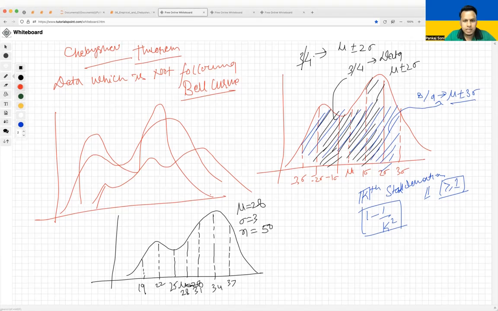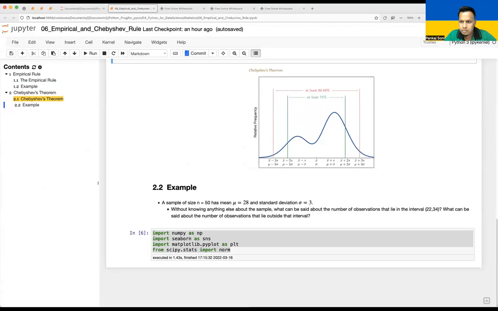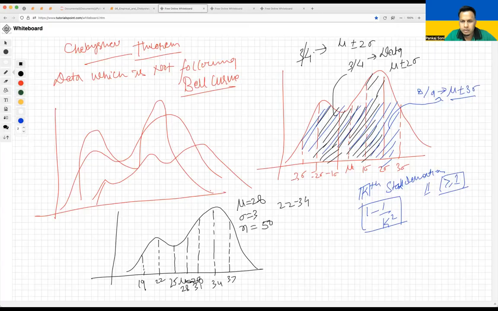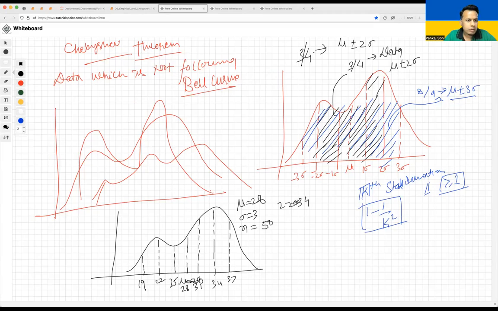Okay, now let's take another color. What they're telling is between 22 to 34, let me reconfirm, 22 to 34, correct? Between this, what can be said about the number of observations that lie in the interval 22 to 34?